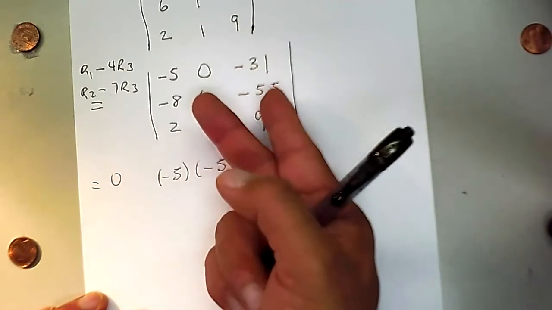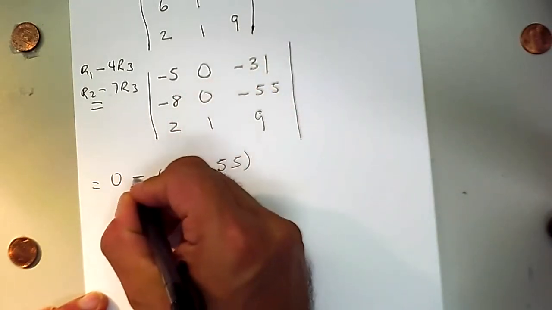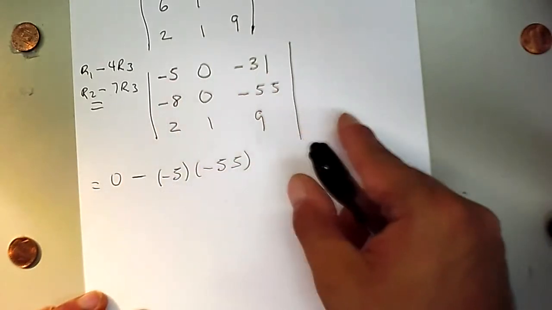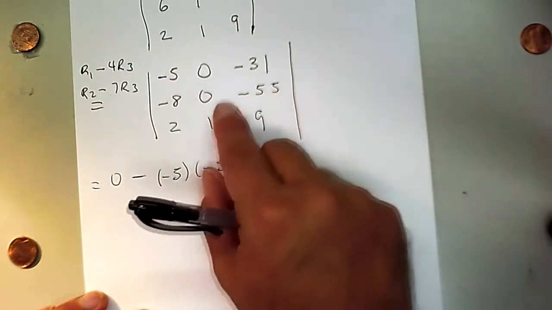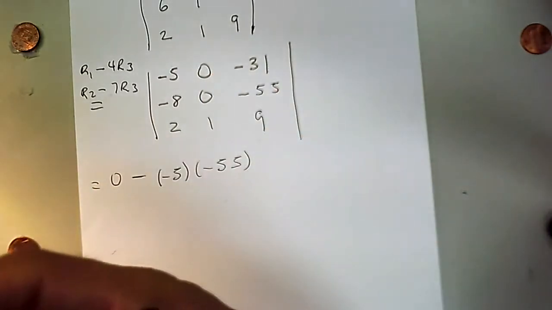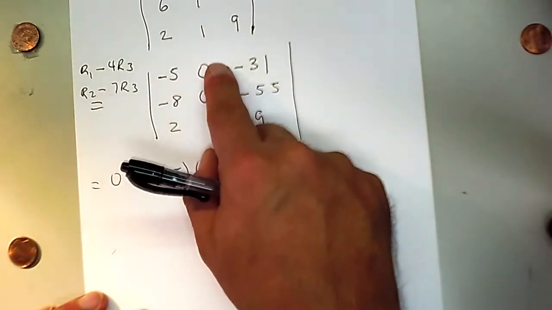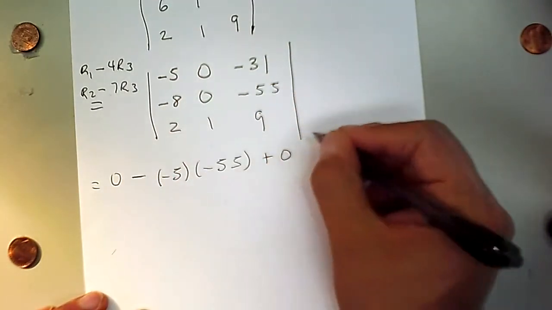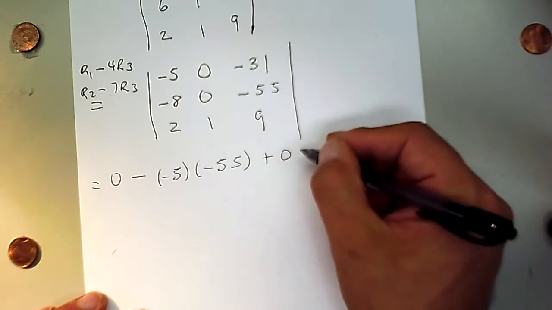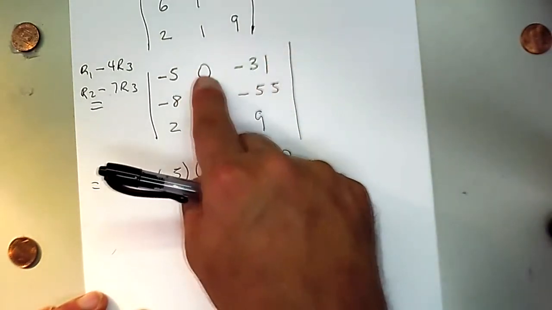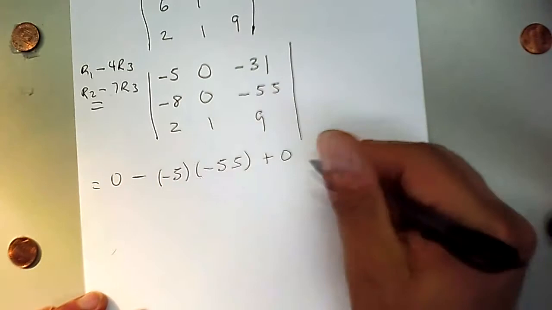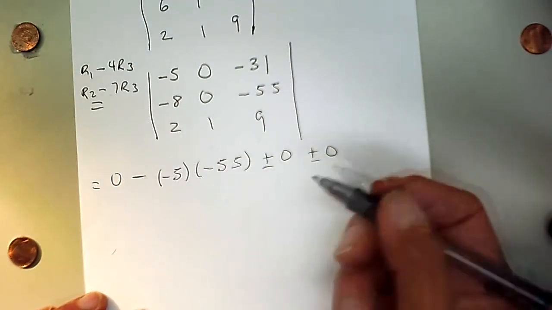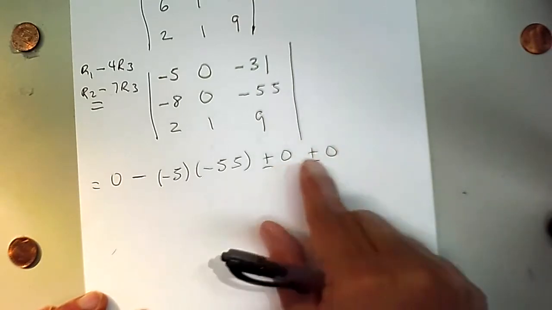So 3, 2 gets swapped; 1 swap brings us back to 1, 2, 3. And then we got 0. 0 times this times that is going to be 0. I'm not even going to worry about whether it's positive or negative. It could be either, but either way, it's not going to affect the product.